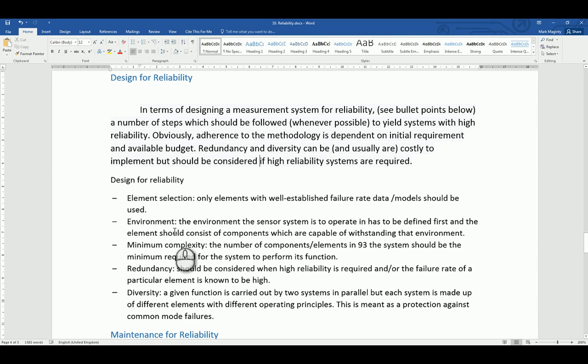The environment, minimum complexity, include redundancy, so being able to have things in parallel. And a little bit similar to that is diversity, where instead of having the same element in parallel, you have two different elements doing the same job via a different principle, maybe one measuring via a resistance, one measuring via a voltage differential.